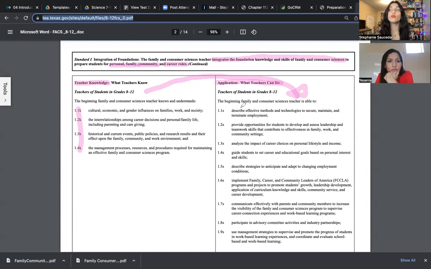That means you need to really understand those age groups and grade levels, what's typical of them, what is appropriate for an 8th grade class might not be appropriate for a 12th grade class just yet, right? So taking that into consideration, applying the knowledge that you have into the classroom. So most of the correct answers, they're going to be a teacher doing something from this side.